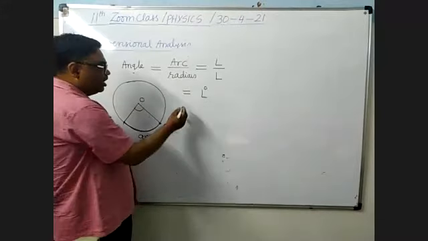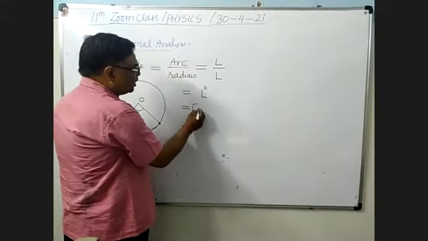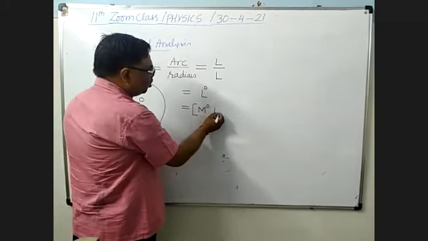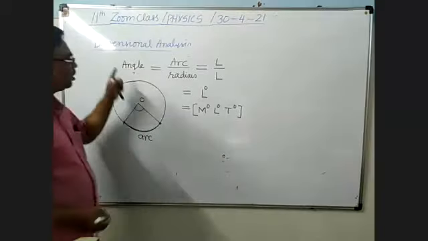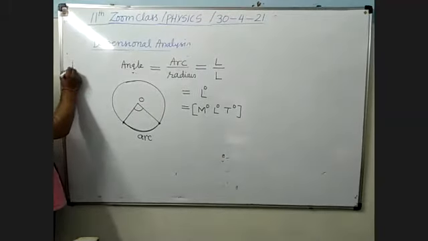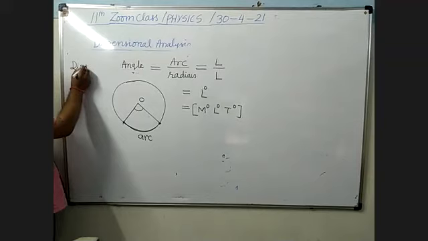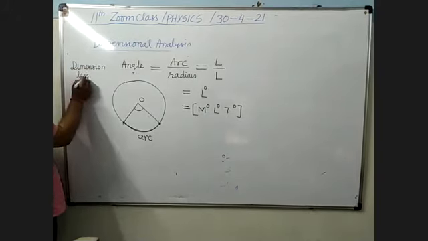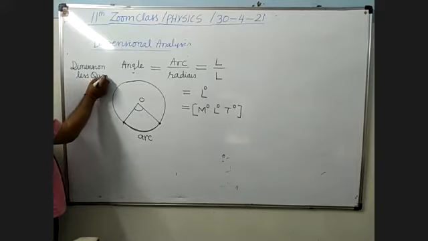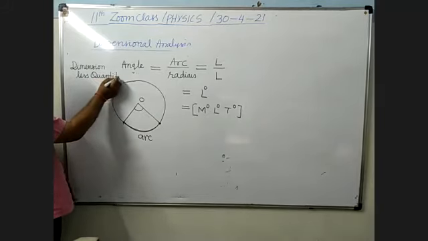It will be L⁰ and we can write it as M⁰L⁰T⁰. It is a what type of quantity? Dimensionless quantity. It is having no dimension.